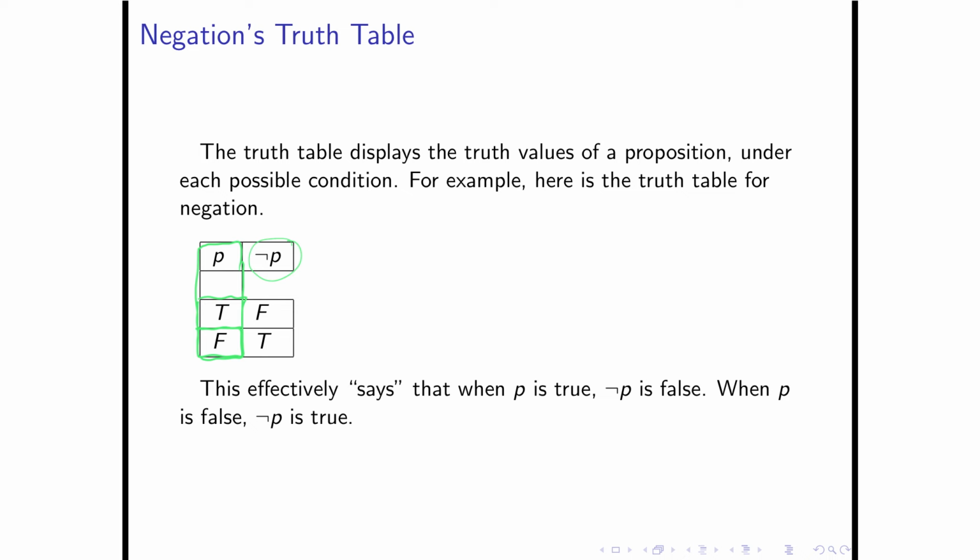But now as the proposition gets more complicated, we use those values to compute the corresponding values for the negation. Now, remember, the rule for negation is that whenever the proposition is true, then the negation is false. Whenever the proposition is false, the negation is true. So this is the truth table for negation P.